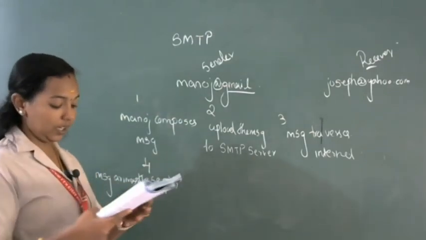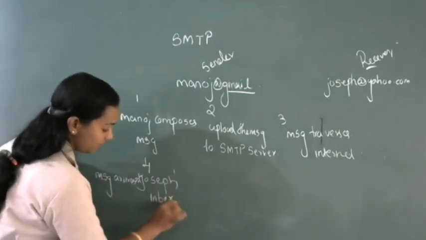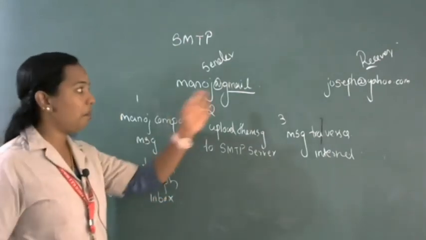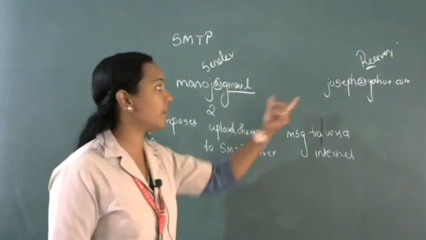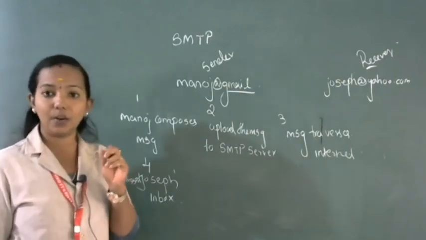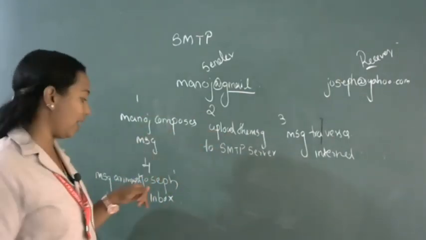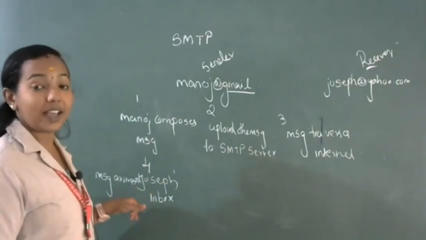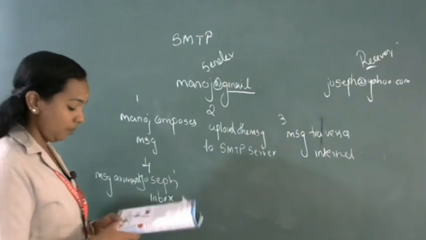Both the service providers are different: Manoj is using the Gmail service provider, Joseph is using the Yahoo service provider. So by traveling from router to router, at last it arrives at the receiver's inbox.